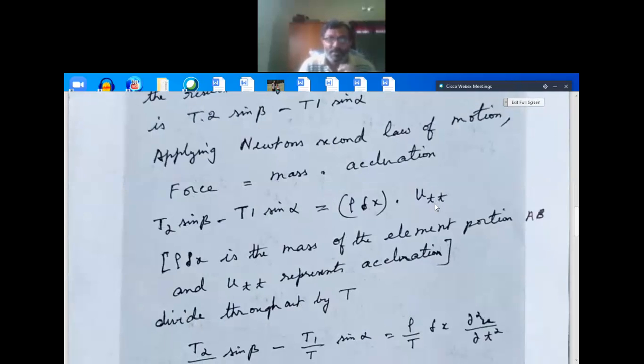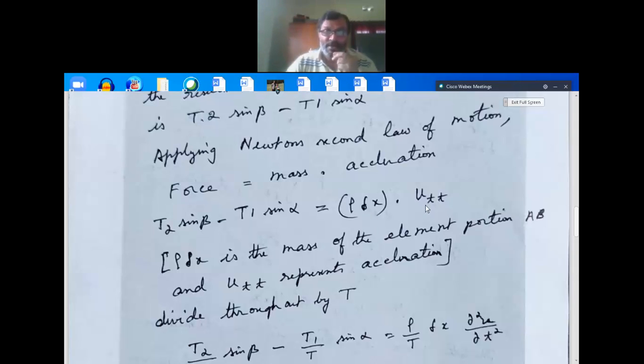Acceleration: by differentiation, dou u by dou t is velocity, and if you differentiate two times, you will get acceleration, dou squared u by dou t squared.